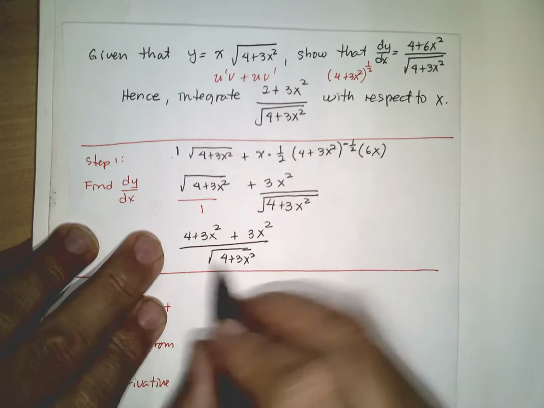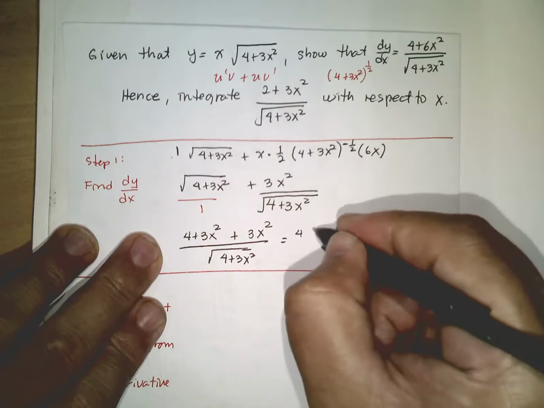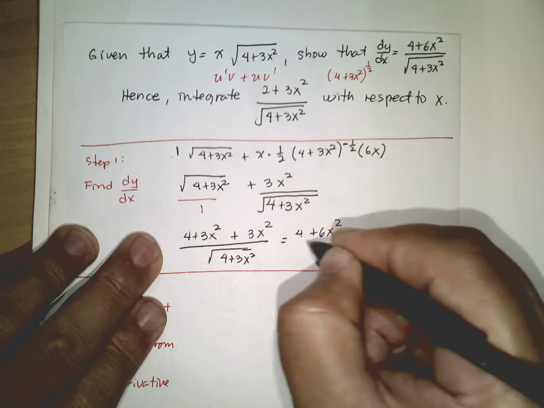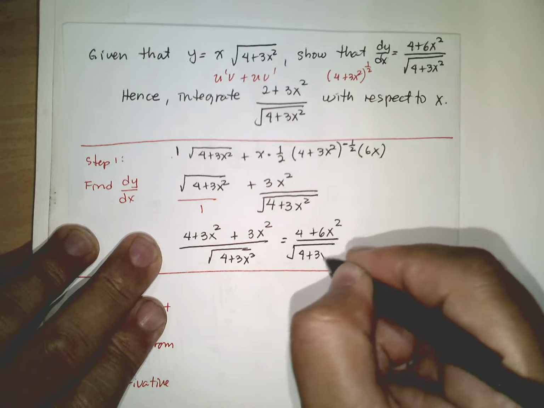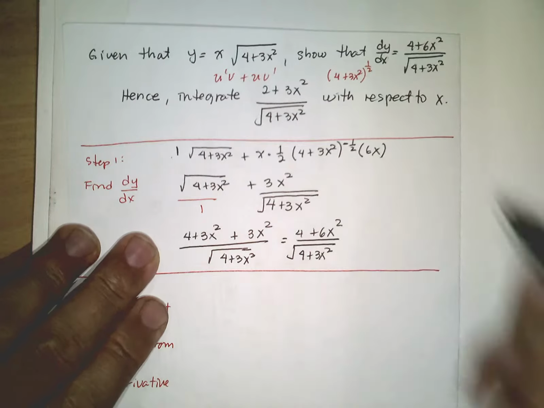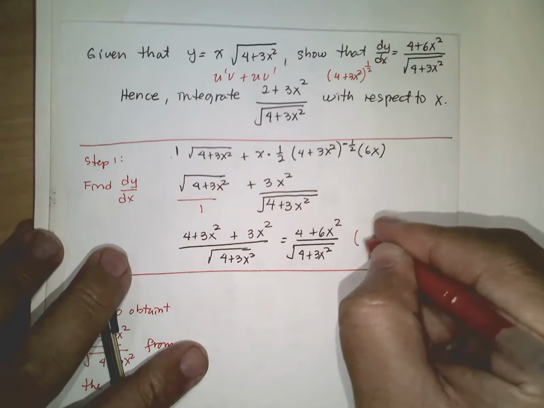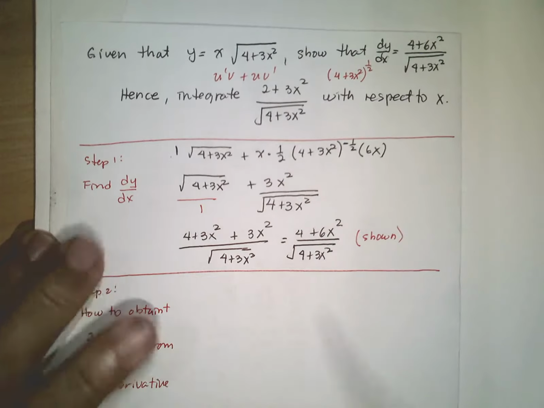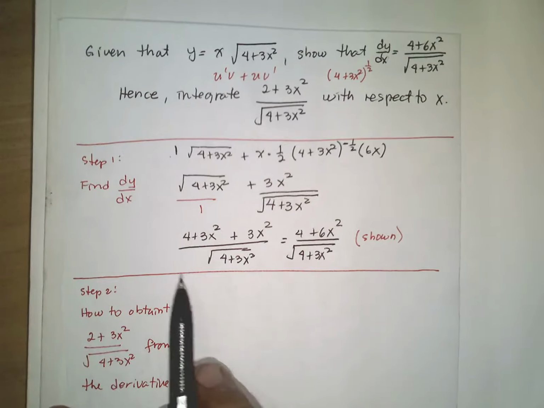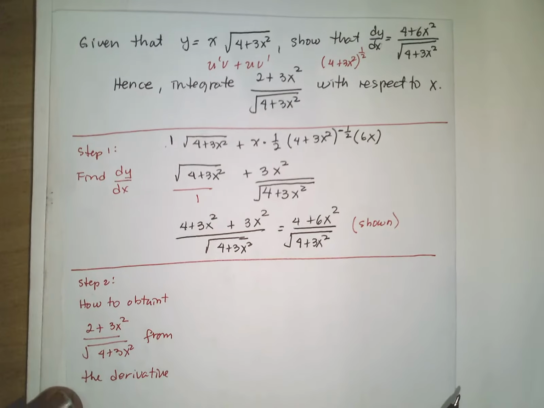So what you have now is 4 plus 3x squared plus 3x squared, which is 4 plus 6x squared, over the square root of 4 plus 3x squared, which is this question. So therefore, it has been shown. So step number 1 is to find the derivative of the function. Let's proceed now to step number 2.